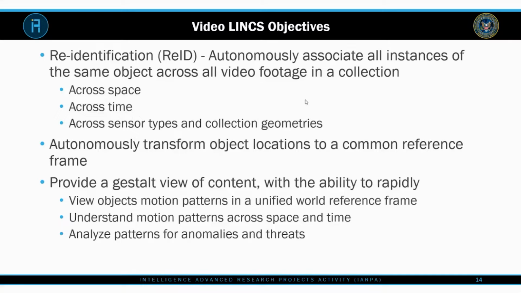This will provide a gestalt view of content with the ability to rapidly view object motion patterns in a unified world reference frame, understand motion patterns across space and time, and analyze patterns for anomalies and threats.